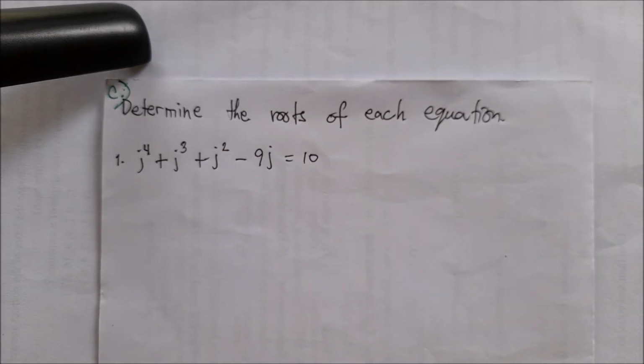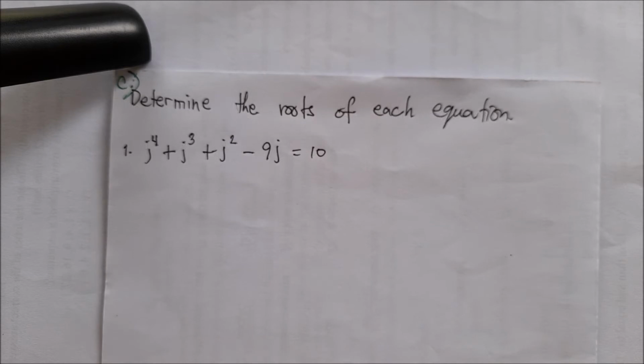And so on. Now the question I prepared is: determine the roots of equation number 1, j raised to 4 plus j raised to 3 plus j raised to 2 minus 9j equals 10.